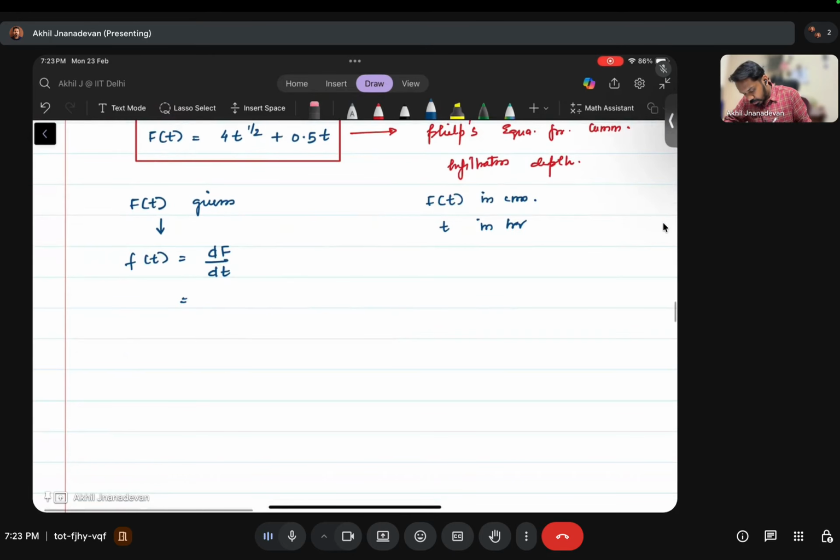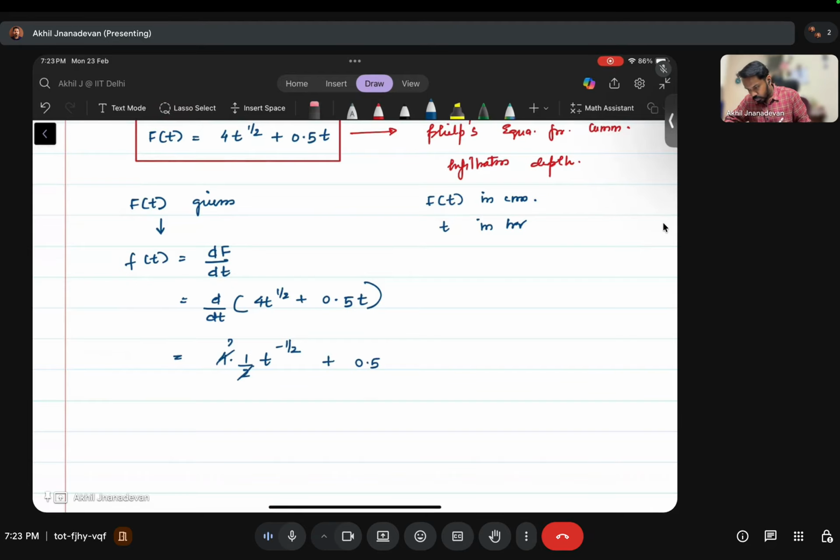That is d by dt of 4t raised to half plus 0.5t. So 4t raised to half, differentiation will be 4 into half t raised to half minus 1, that is minus half, plus 0.5.